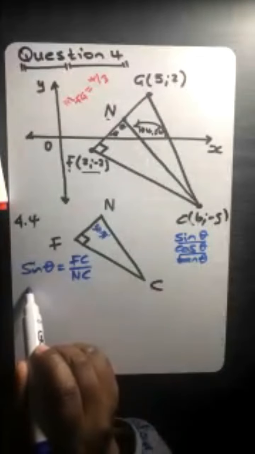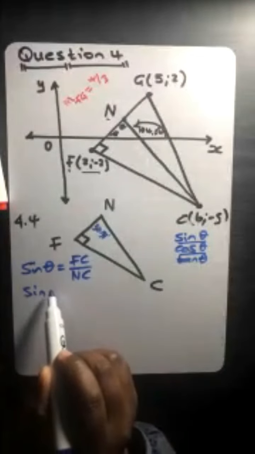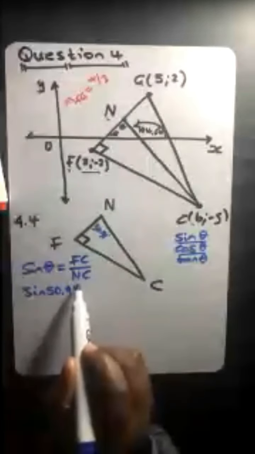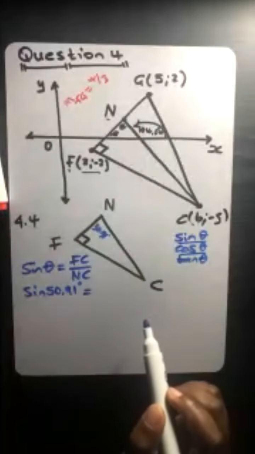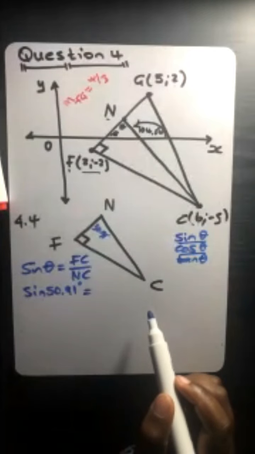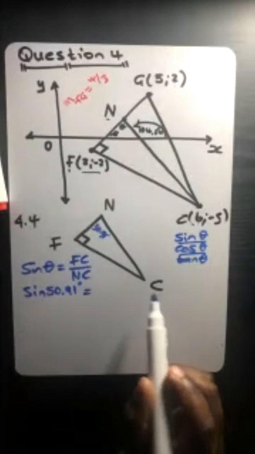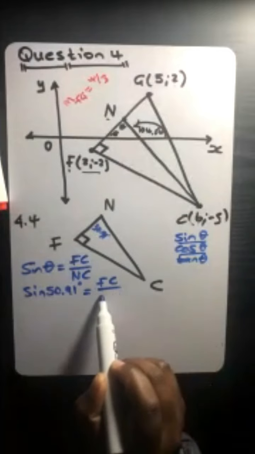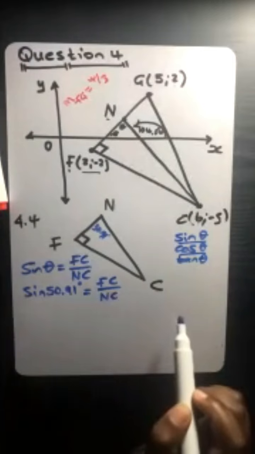So can you see, guys? We can now substitute. We have sine of 50,91 degrees, which is equal to... Here comes a problem, guys. Can you see? We do not have the distance of FC and we are looking for the distance of NC.